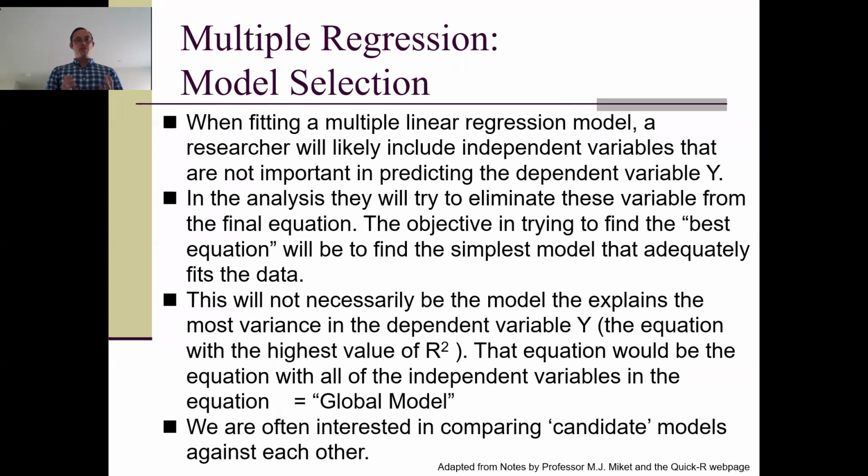So when we're fitting a multivariate linear regression, we will include a variety of different independent variables that are not important. And this is a challenge because the majority of things we measure are potentially not predicting our variable y. If we already knew everything that was going to work, then there was no reason to actually do this specific research problem.